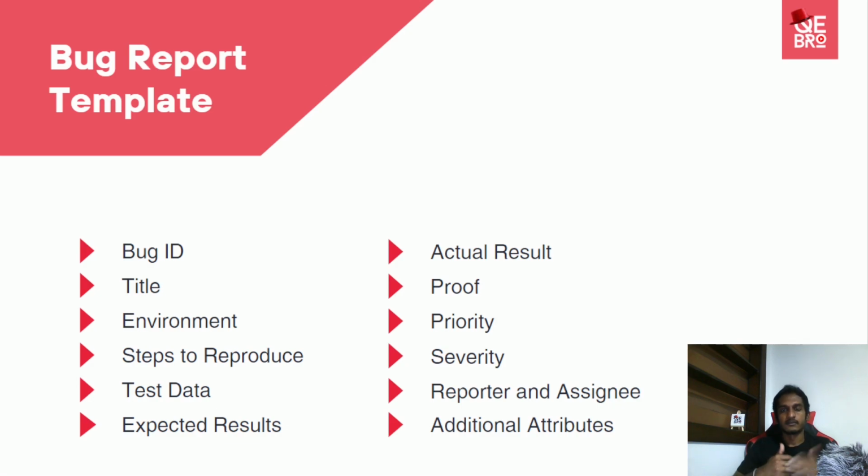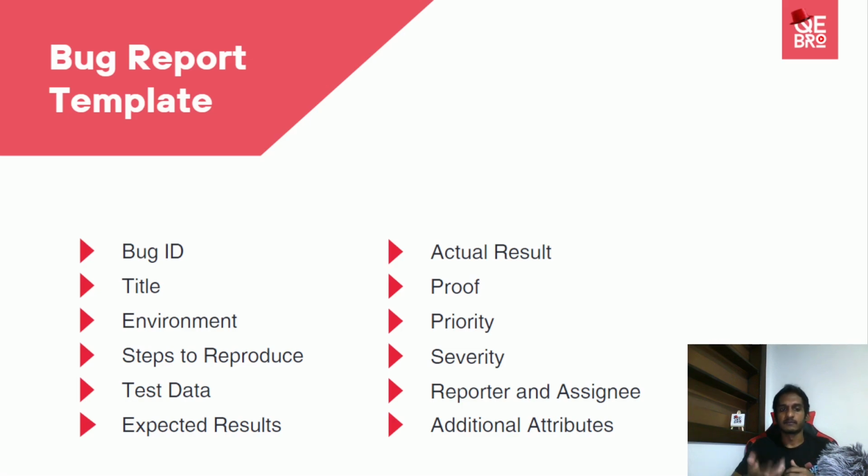In that case, don't mention the top 5 steps, because we need to keep this simple and not make things complicated. We don't need to put all the unnecessary details. Only the steps which are really needed to reproduce this bug are enough. And then you need to mention the test data, all the credentials, if it is related to a particular user, user role or group, all this information.